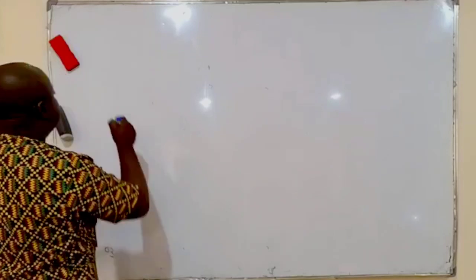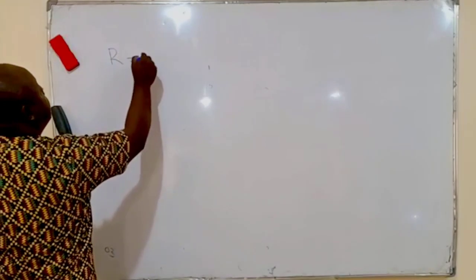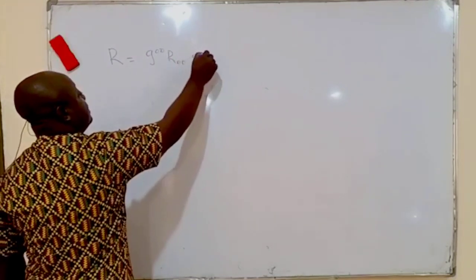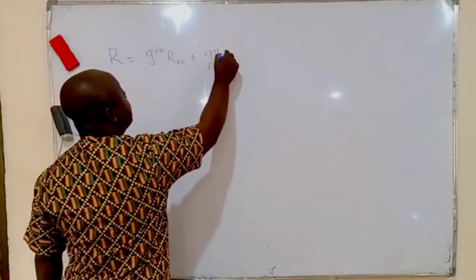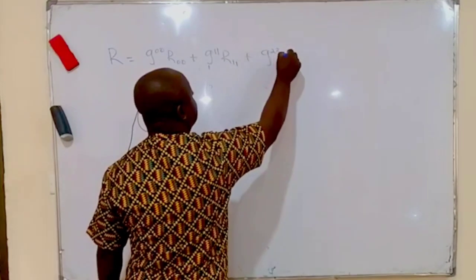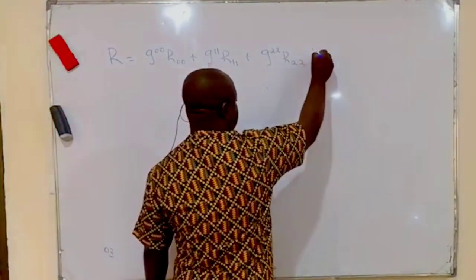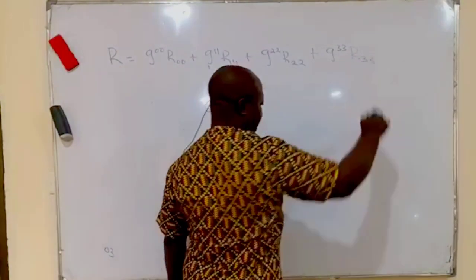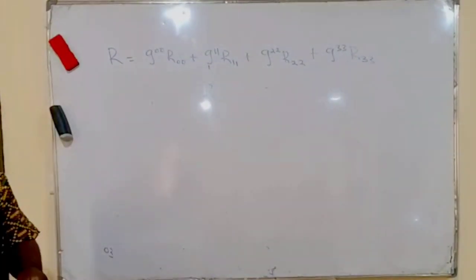So our R will be G00 R00 plus G11 R11 plus G22 R22 plus G33 R33. I've eliminated the other ones.